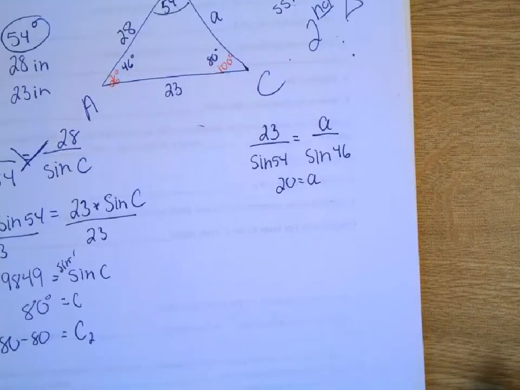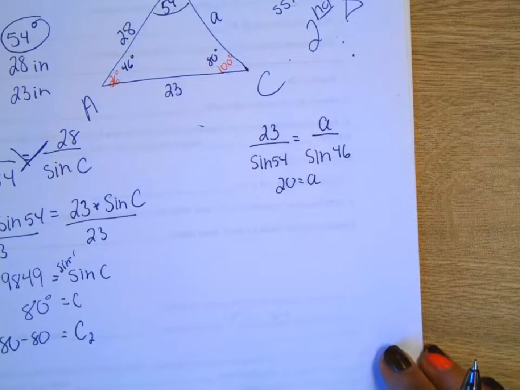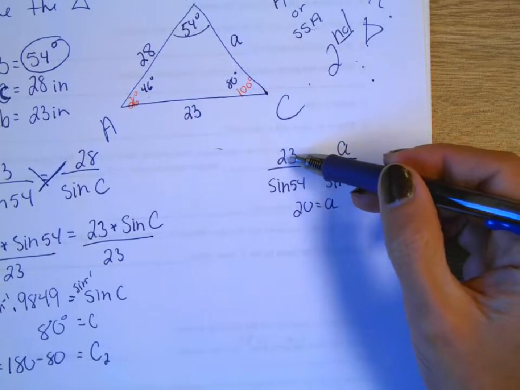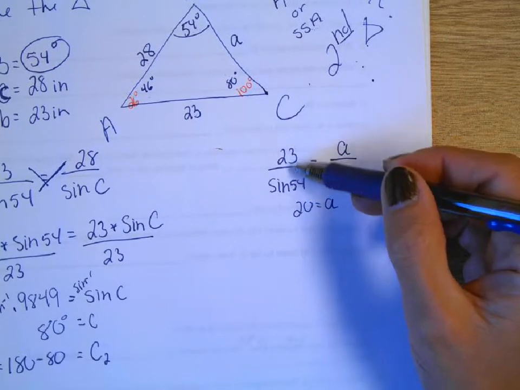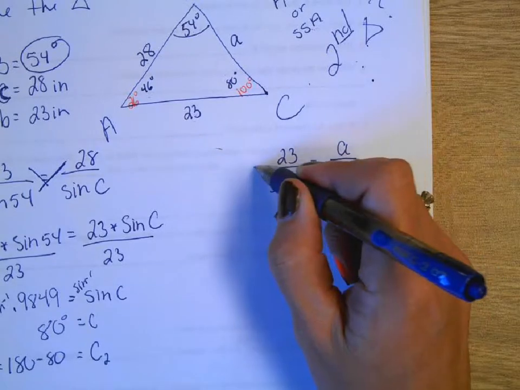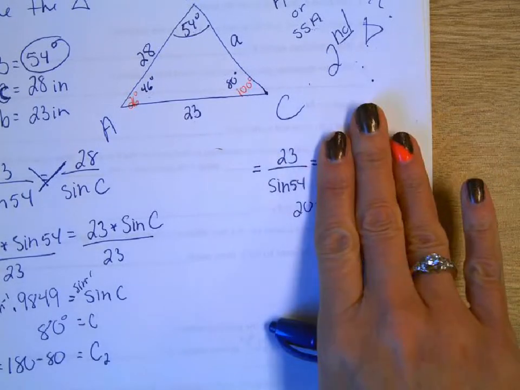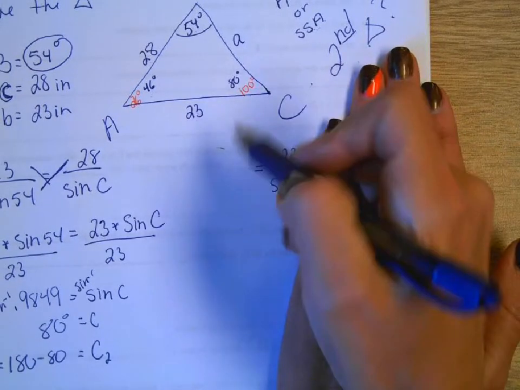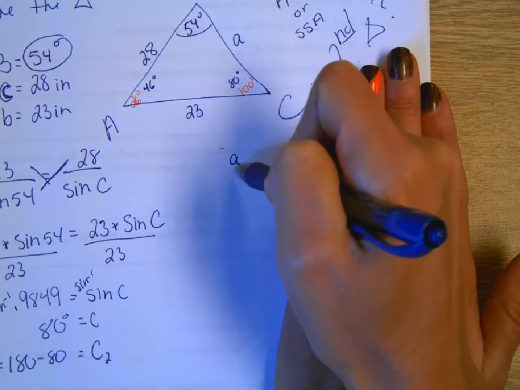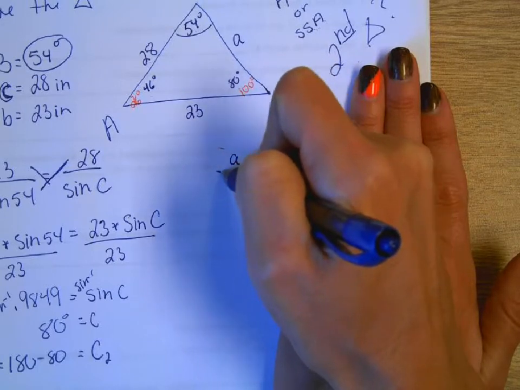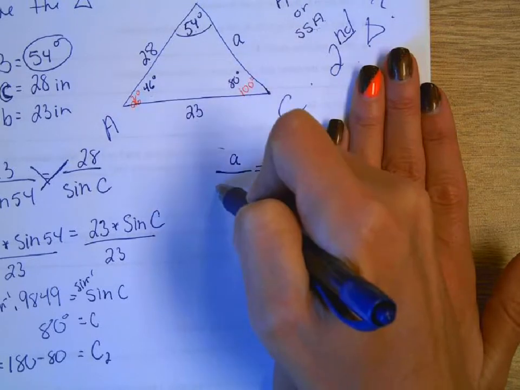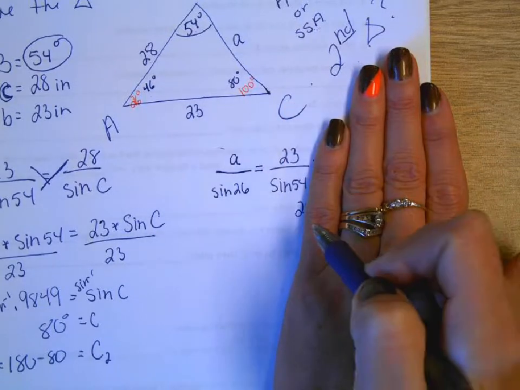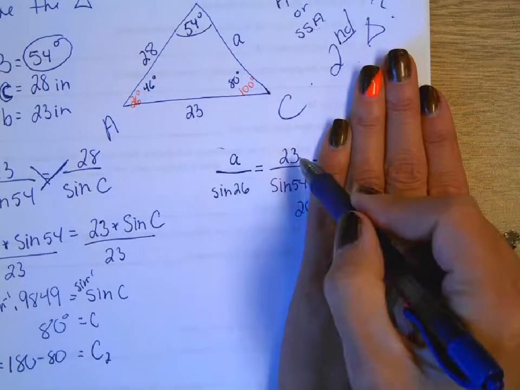Because I still am going to use this 23 over sine of 54, I'm going to work to the left and forget about this one. What's my little a going to be divided by in this second triangle? The sine of 26. And I do the cross products here.